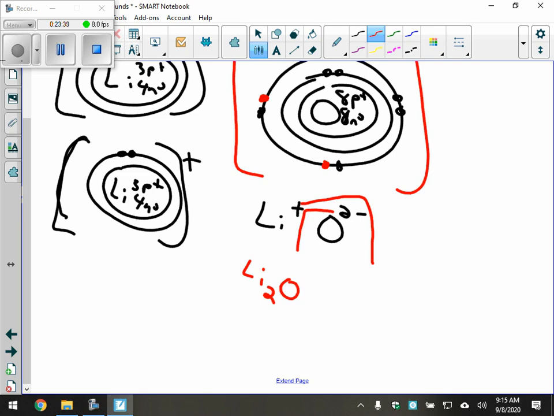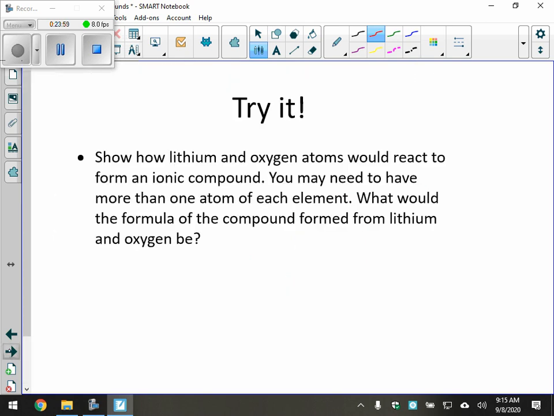So that becomes lithium oxide. That's the formula. We need 2 lithiums to go with 1 oxygen. And that's where swap and drop comes from, basically, because we're looking at the charges, the ratio of how many this one loses, how many this one gains. Yes? All right. We did the formula. Good.